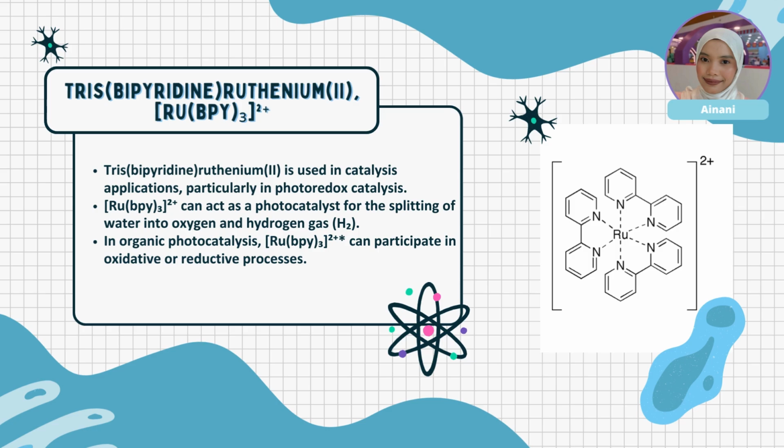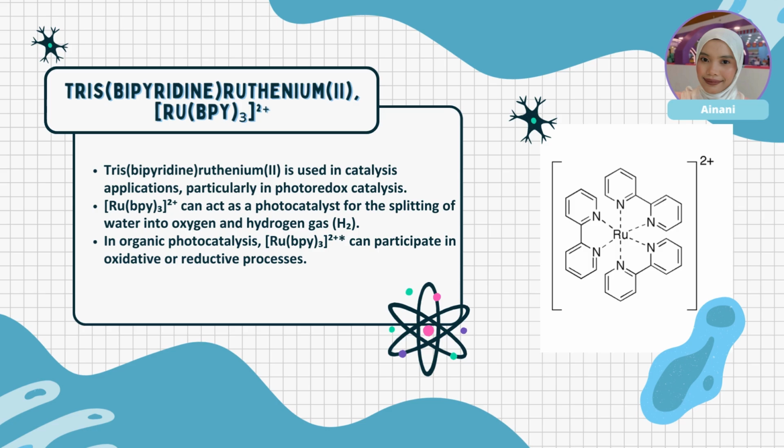Tris-bipyridine ruthenium(II) can act as a photocatalyst for the splitting of water into oxygen and hydrogen gas. Upon absorbing light, the excited state initiates an electron transfer process that leads to the reduction of protons H+ to form H2, a clean and renewable fuel.